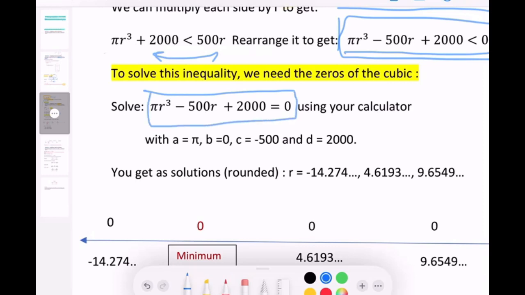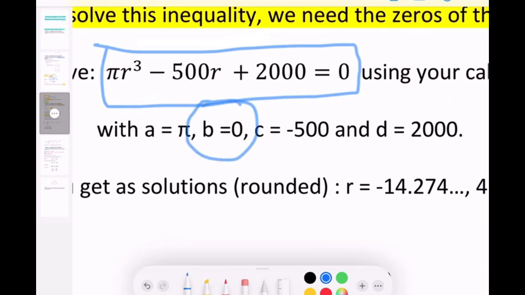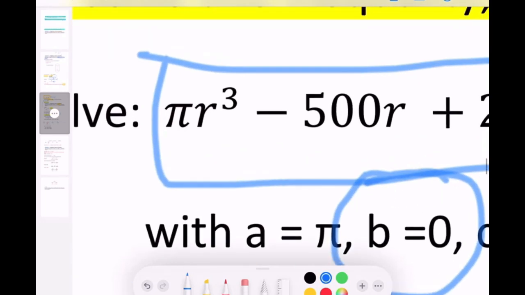You can use your calculator, mode 5, and then I think it's 4 for the cubic. You enter A, B, C, and D. Make sure B is 0. I hope you know why. Because I don't have a coefficient of r squared in the polynomial. That means B is 0.